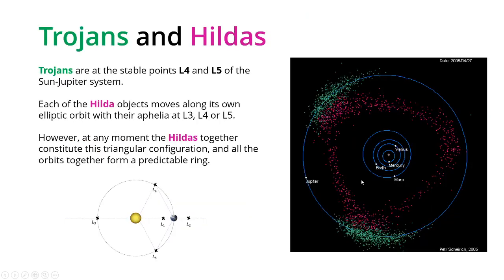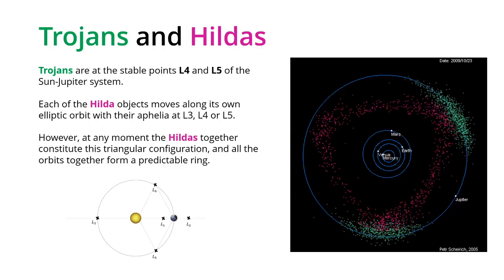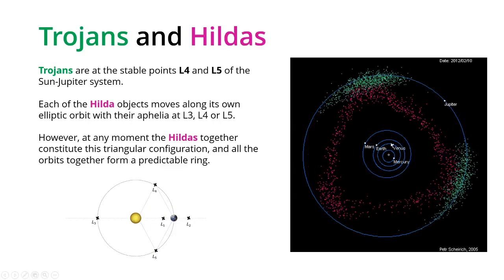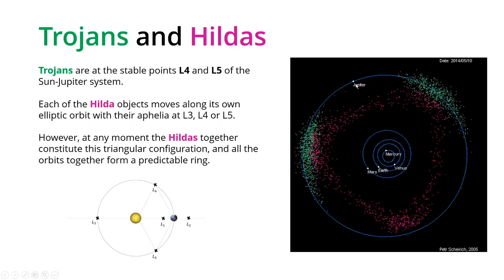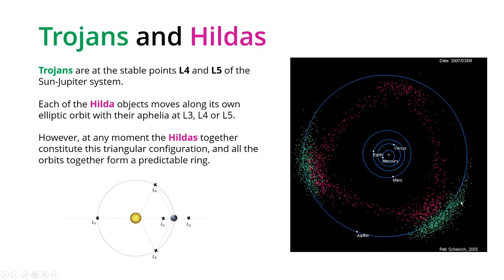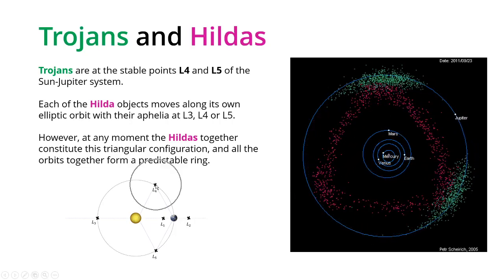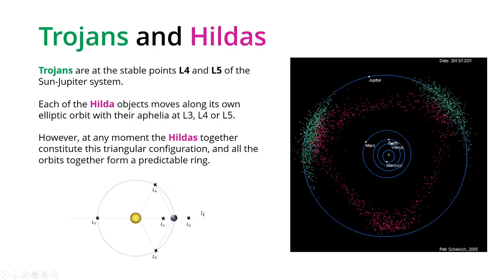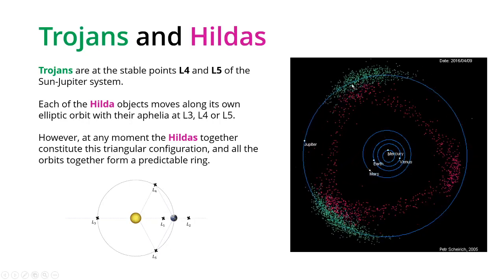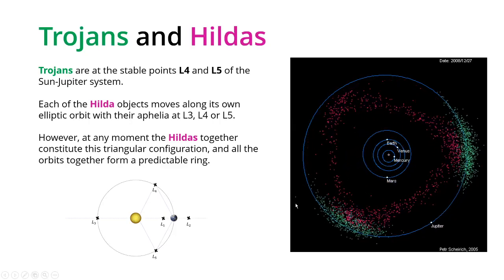Pictures are no fun. Can you see that? If you imagine the middle here is the Sun, and that's Jupiter, and then this green area here is L4 and L5, where the Trojans live. So that's how they're co-orbiting with Jupiter.